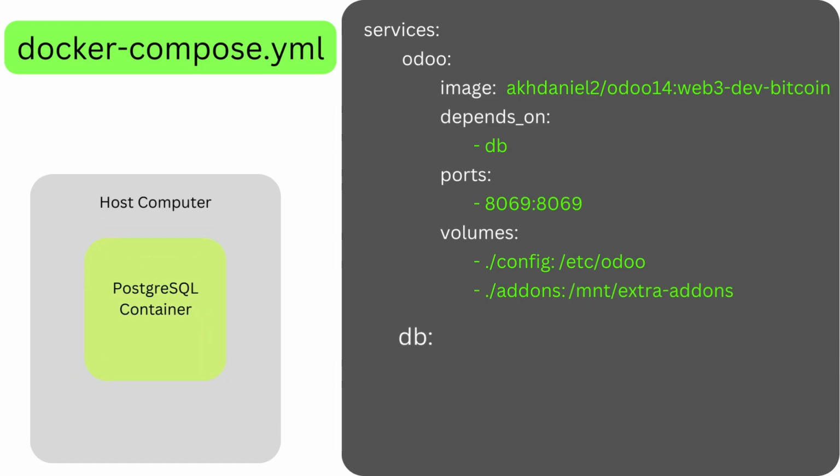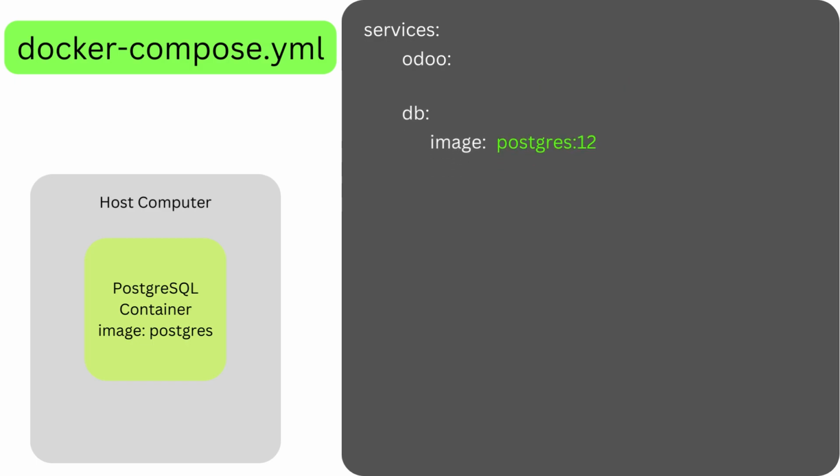Next, we define the database service, the DB, which uses the standard PostgreSQL Docker image. In this service, we must define the environment variables for the container to run correctly. The POSTGRES_DB variable is used to define the default database name created when we deploy the container.